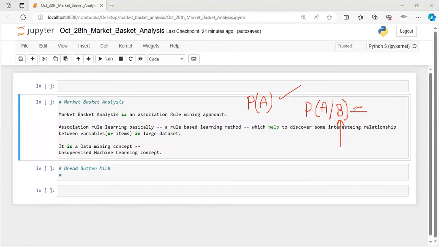So they calculate all those things, and accordingly, at the time of advertisement, they take care of all those things. Suppose you are browsing for a particular item, so how will it decide which item I should also display, so that you will say, oh, this item is also required.